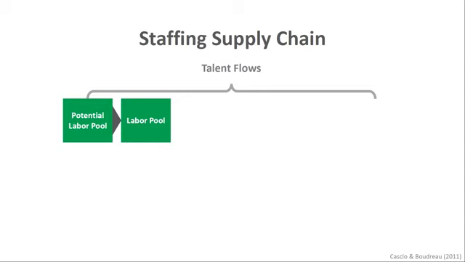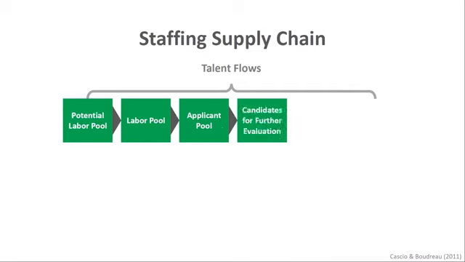From there, people from that potential labor pool will flow into our labor pool. Our labor pool is what we draw on when we're recruiting for a particular job vacancy or position vacancy, and we want to draw people from that labor pool that have the relevant knowledge, skills, abilities, and other characteristics into our applicant pool, so then we can select from that applicant pool.